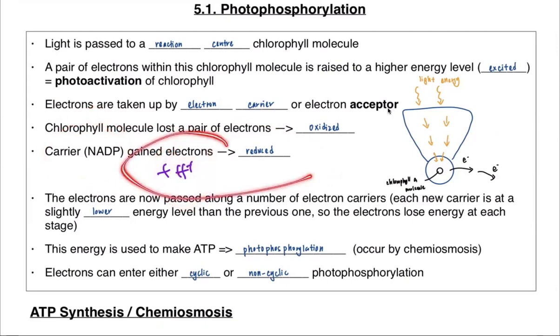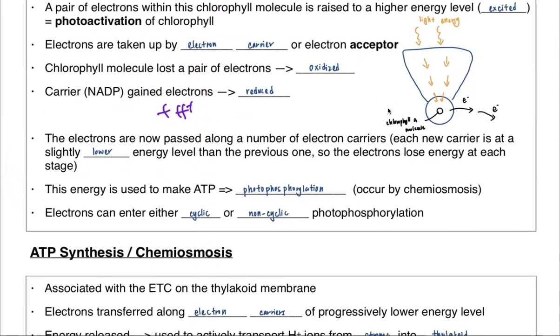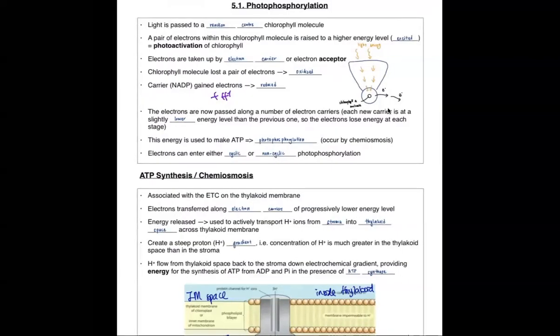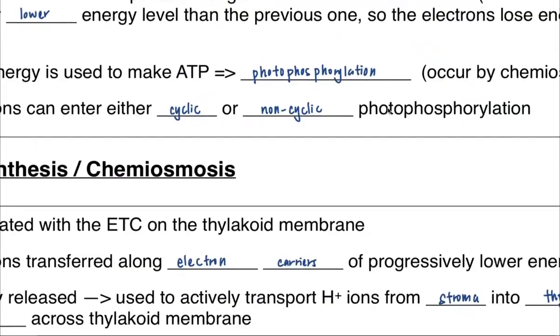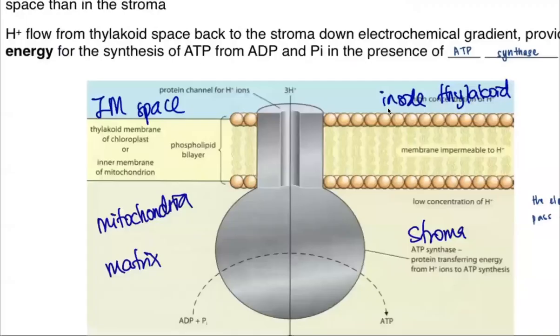Later we'll see this part will be coupled with photolysis of water, because the H plus comes from water. Then the electrons are going to pass along a number of electron carriers, and ultimately used to make ATP.